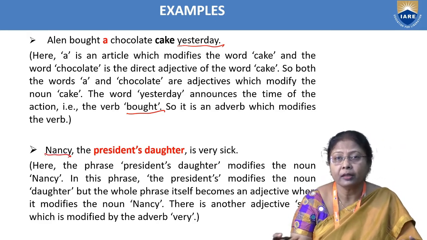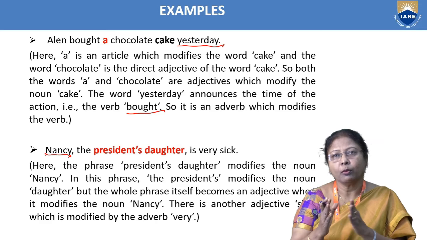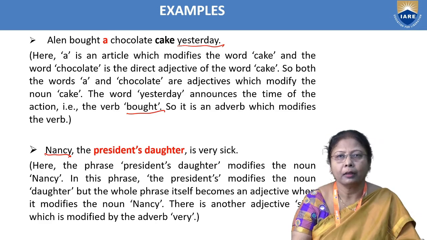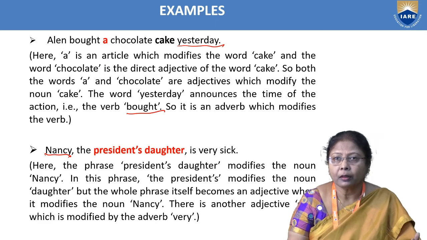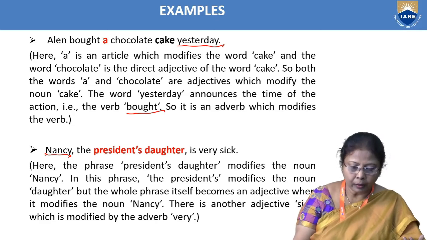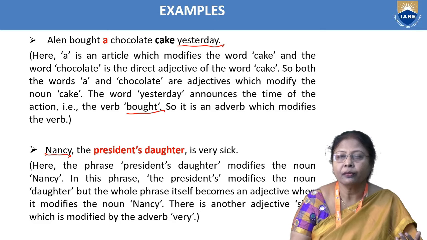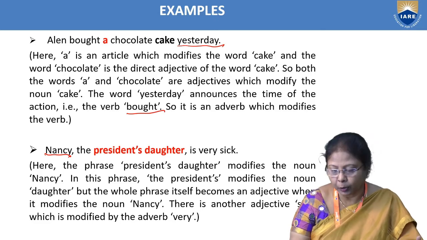Understood how modification goes on? How these adjectives and adverbs modify nouns and verbs. There is another word here, very, which modifies sick. In this way, we can say that adjectives and adverbs modify nouns and verbs.